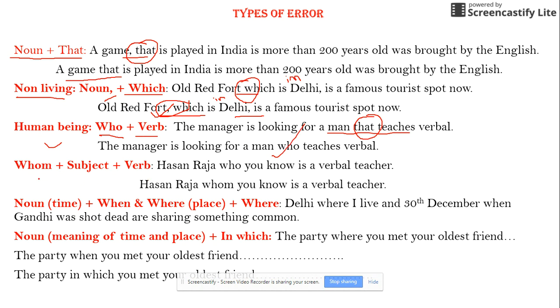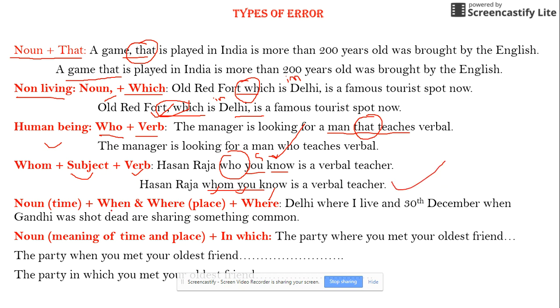Whom: when we use whom, there must be a subject and verb. After whom, we never use a verb directly, but subject plus verb. Hassan Raja, who you know. Look, you know is subject, verb. In that case, who is incorrect. It should be whom. It means whom, subject, and verb. This is the correct one.